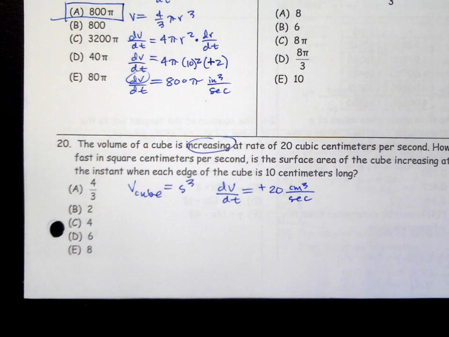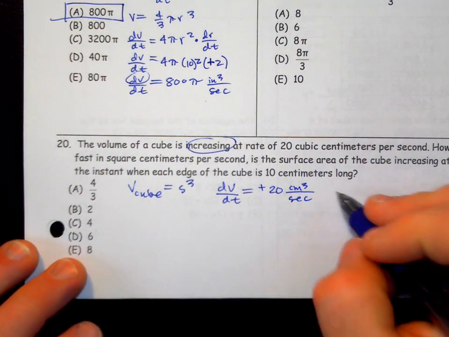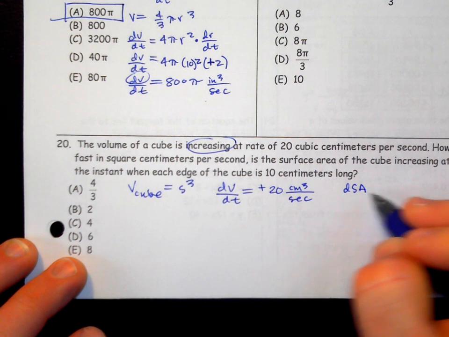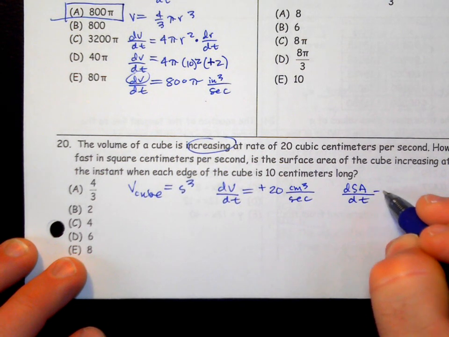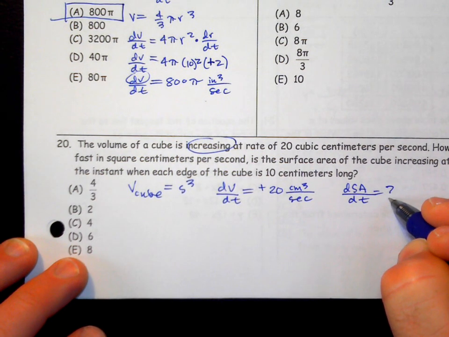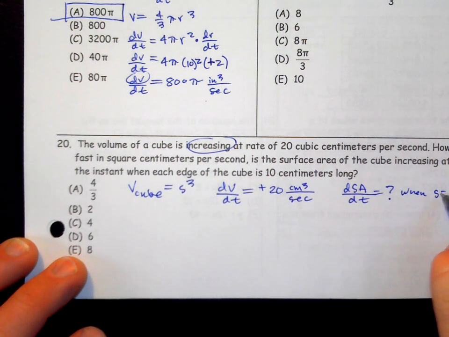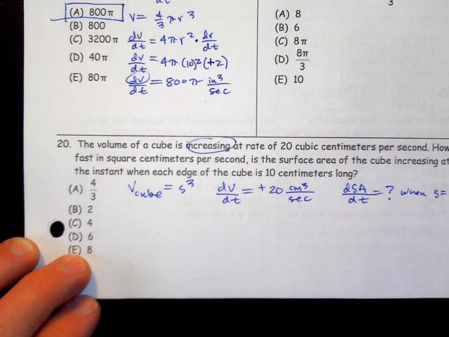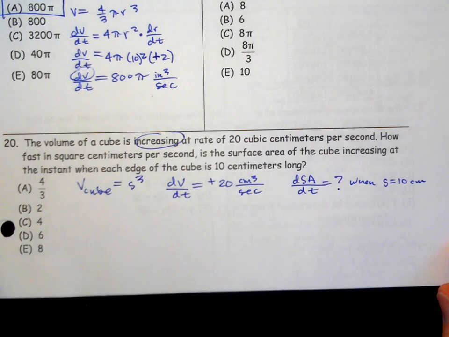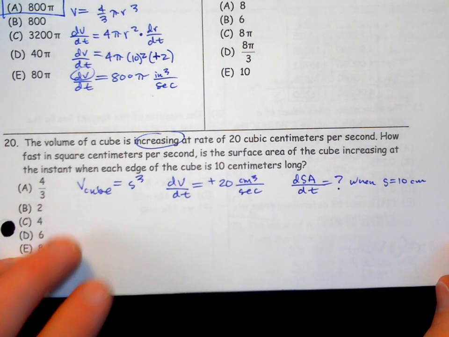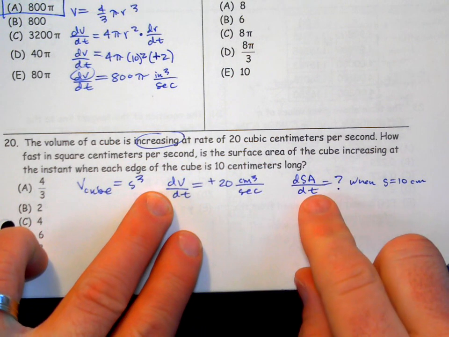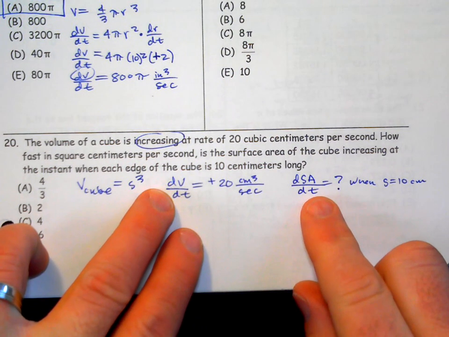How fast in square centimeters per second is the surface area of the cube increasing at the instant when each edge is 10 centimeters long? Okay, so that's all the information they've given you. We have dv dt, and we need to somehow relate to ds, the surface area.